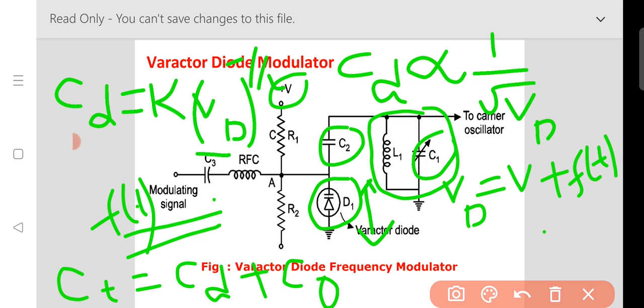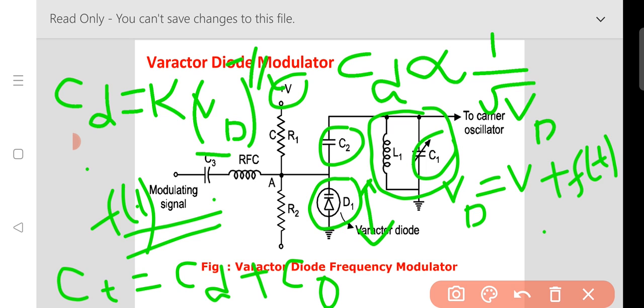C naught equals C1 plus C2 and C3, whatever it may be, no problem. The total capacitance in this tuned circuit is indicated as C naught, and across the diode CD. So total capacitance equals CD plus C naught. We have a relation, try to note it down in your book, then I will erase.